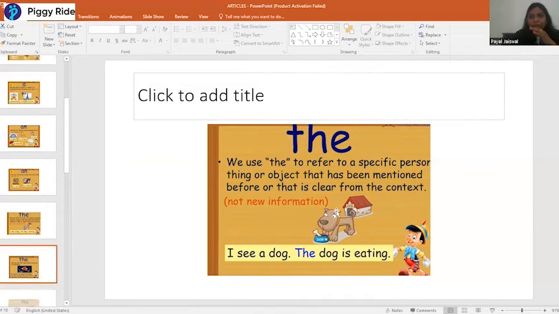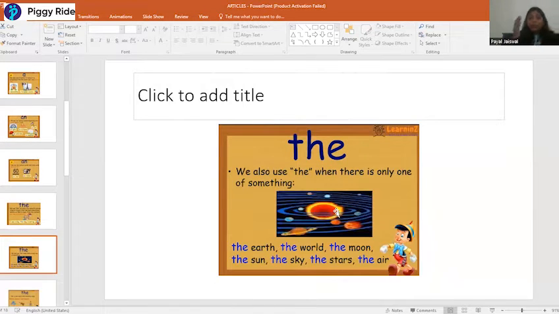Okay, now let's go to the next part. We also use the when there is only one of something. So the is used when we have just one of something, like the earth, the world, the moon, the sun, the sky, the stars, and the air.